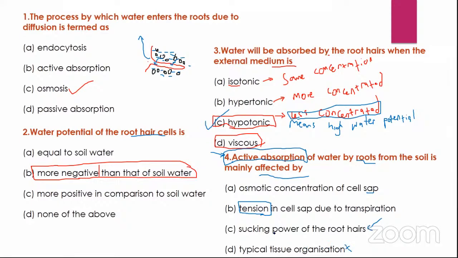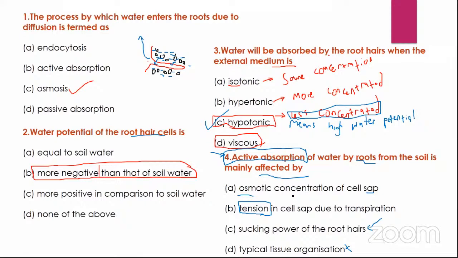So we choose from A, B, or C, and we may go with A. Why?